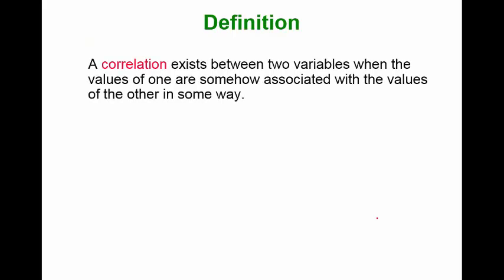The basics of correlation. Correlation exists between two variables when the values of one are somehow associated with the values of another. Now, in some way, that way may not be defined, but we are just looking for association. That's the important part.